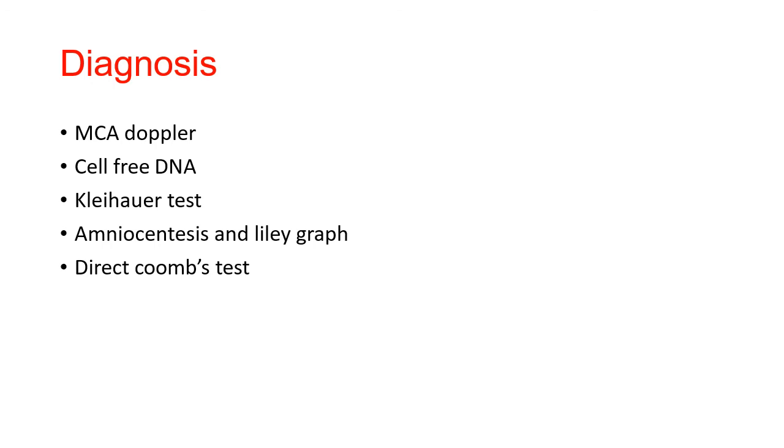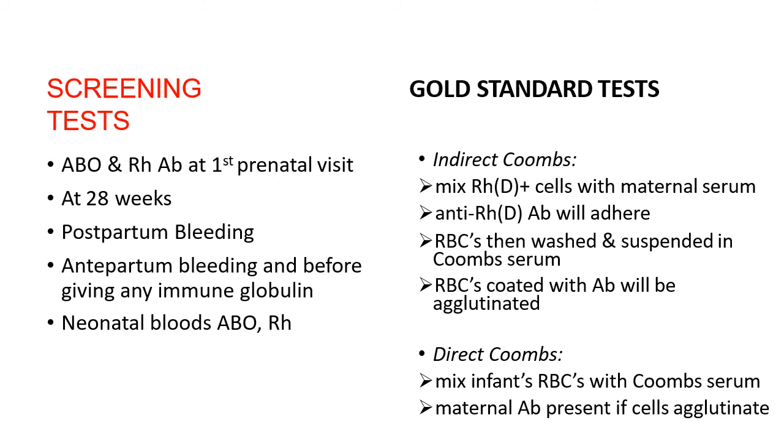Diagnosis is via MCA Doppler and amniocentesis. Most important is the screening test. Whenever the lady visits for her first prenatal visit, ABO and RH blood grouping is done. If antepartum or postpartum bleeding occurs, give her anti-D immunoglobulin and check the neonatal blood.